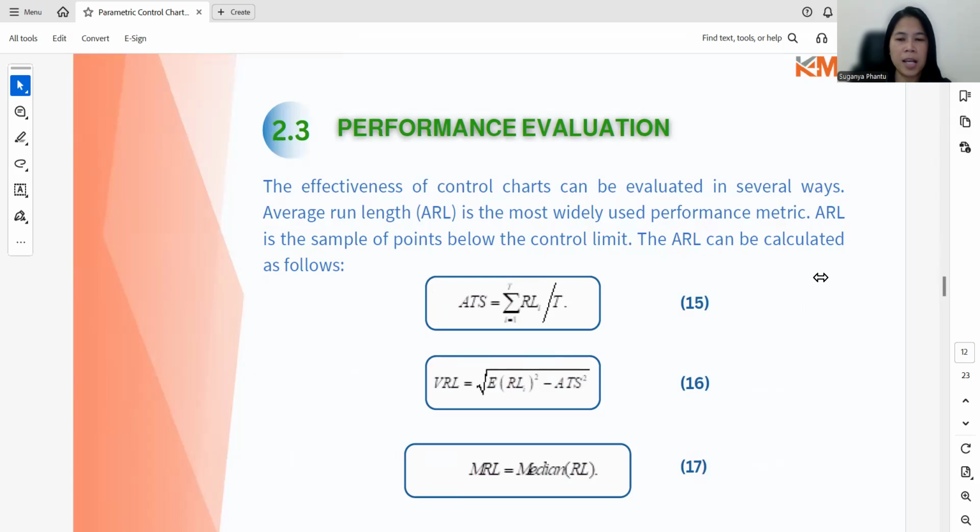A small VRL means the chart is more stable. MIL is the median run length and provides another measure of detection performance. In this research, the charts are calibrated so that the in-control ATS is approximately 370, allowing a fair comparison.